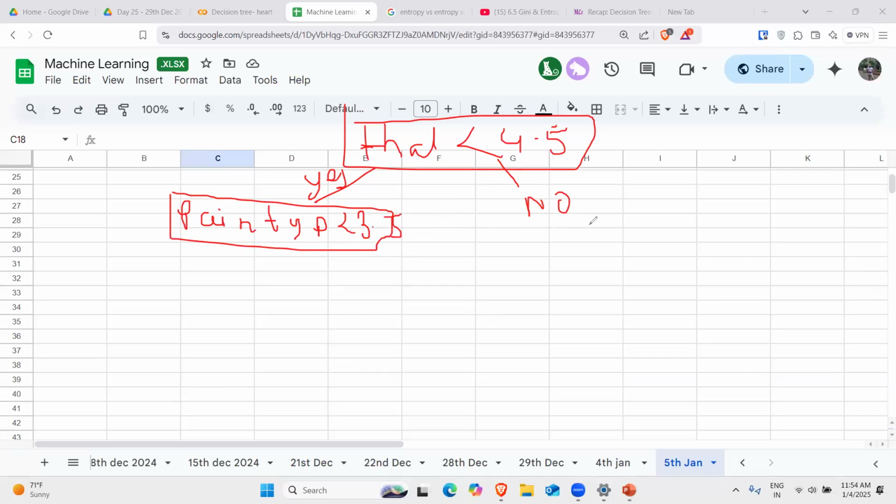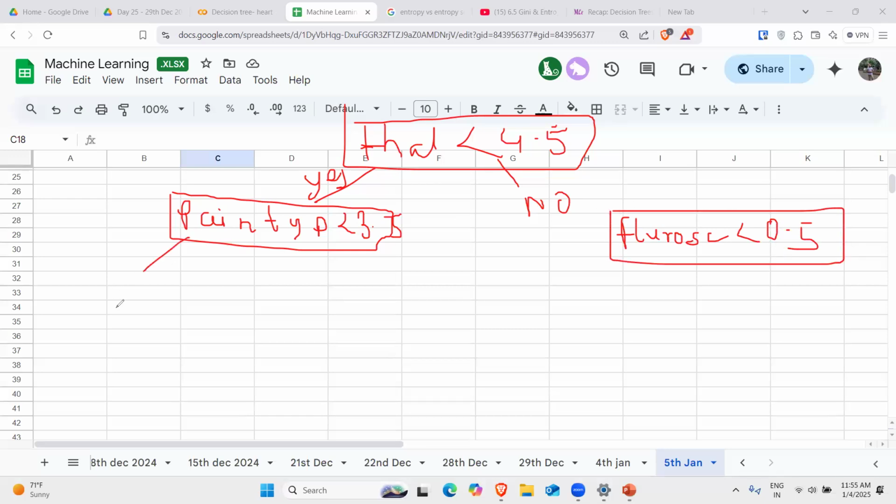And this is no, maybe you have fluorescent. Again, don't give focus to what this column is all about. After this, you have fluorescent less than 0.5. This is one.